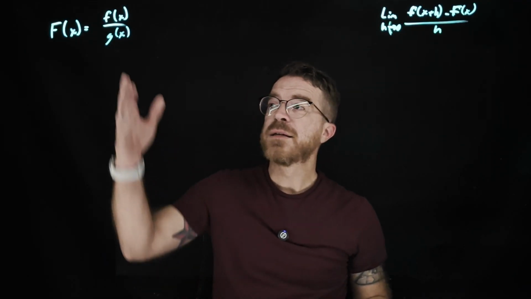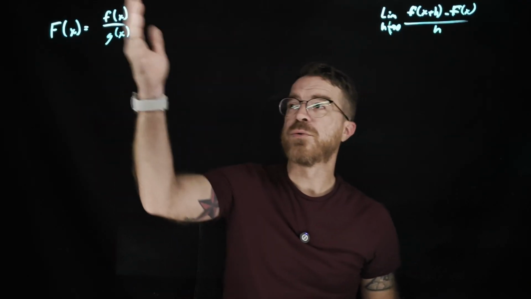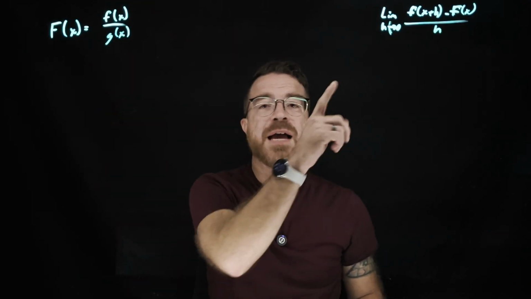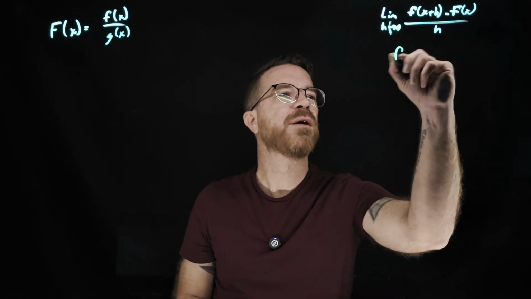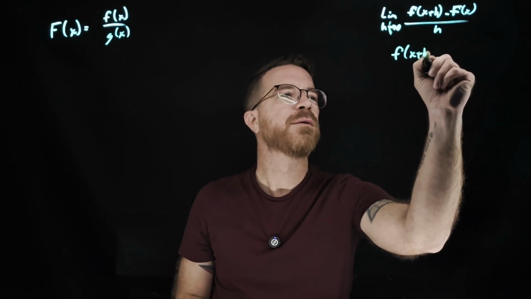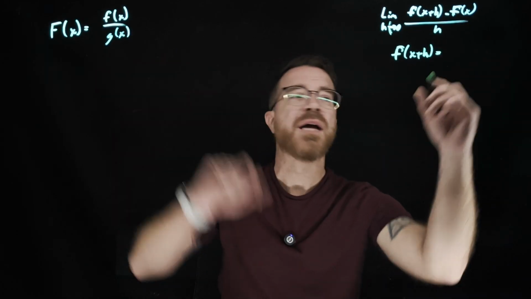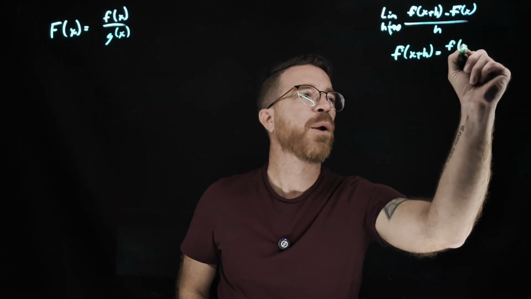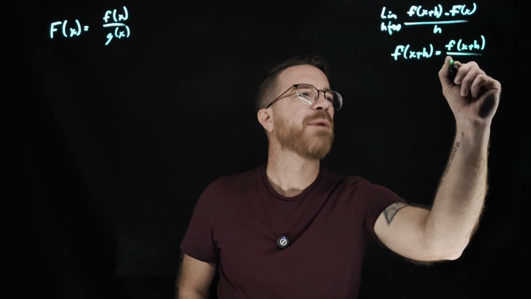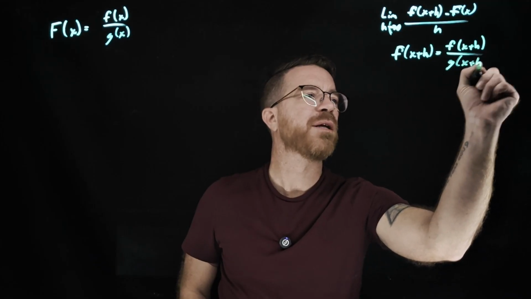So in this case, F of x is just equal to f of x divided by g of x, and F of x plus h is going to be equal to f of x plus h divided by g of x plus h.